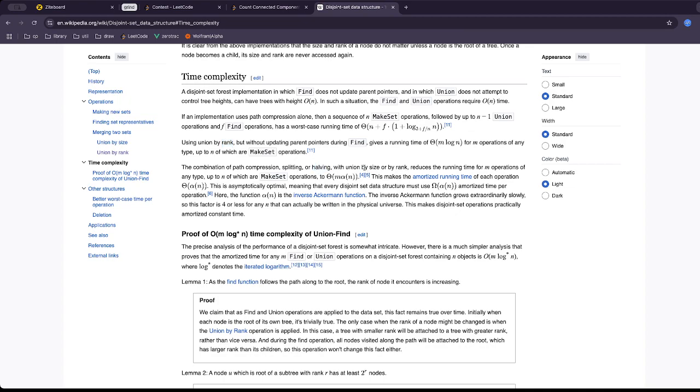Here it says union by rank, by size or by rank. So it's not true. So are you saying that it changes if it's by size or by rank? Here it says it's the same. What it's saying is that if you don't use path compression, then it is m log n. Do you agree?